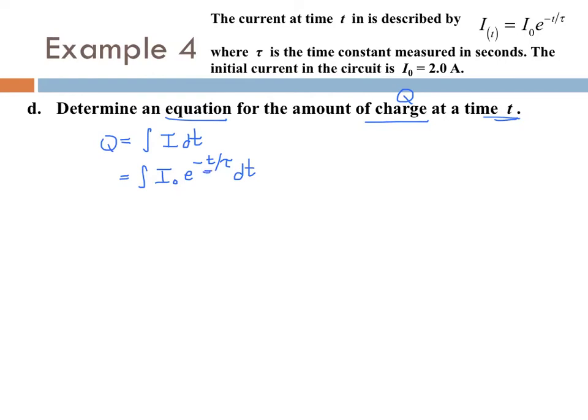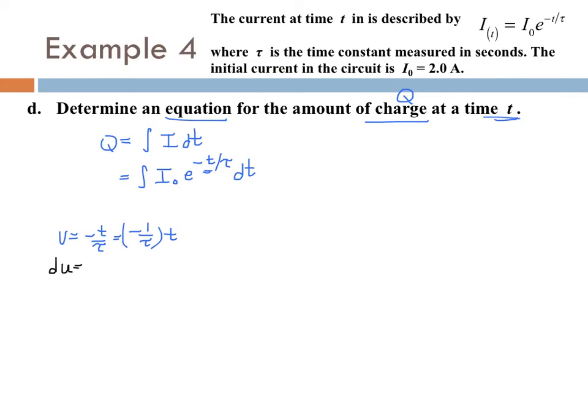So what I'm going to do is called u substitution. You should have seen this in your calculus class, where u is going to be equal to negative t over tau, which again is just negative 1 over tau times t. And then I'm going to take the derivative of that with respect to t.